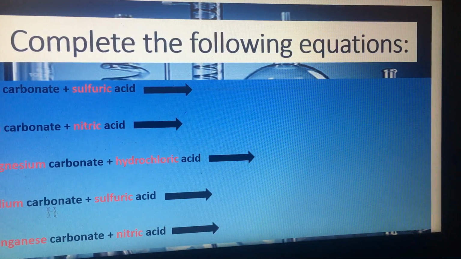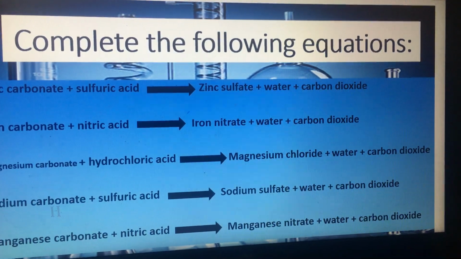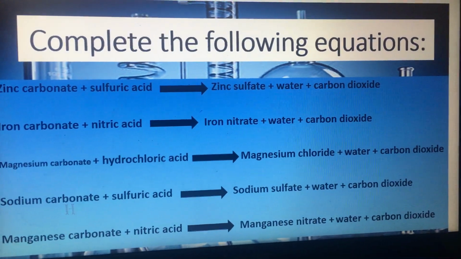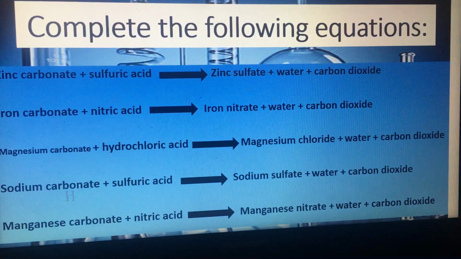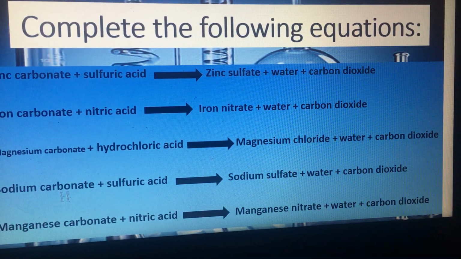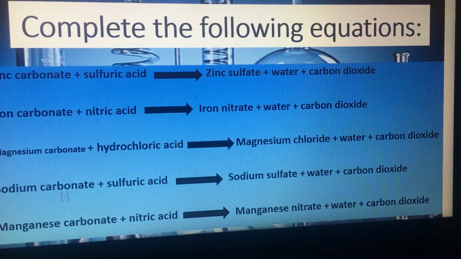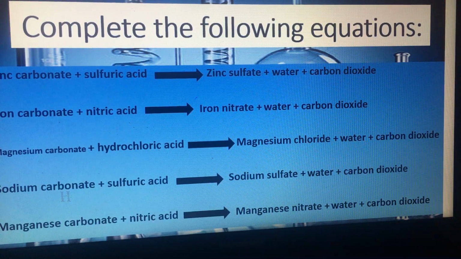Then check your answer from this page. Sodium carbonate and sulfuric acid will produce sodium sulfate, water and carbon dioxide. Magnesium carbonate and nitric acid will produce magnesium nitrate with water and carbon dioxide.